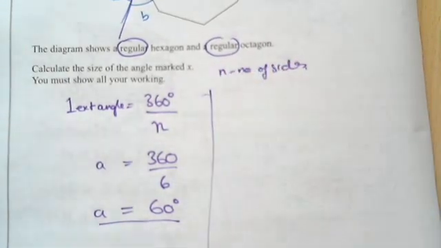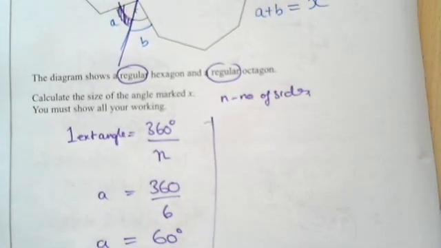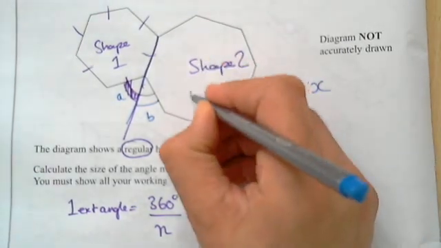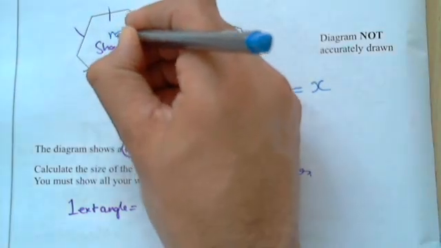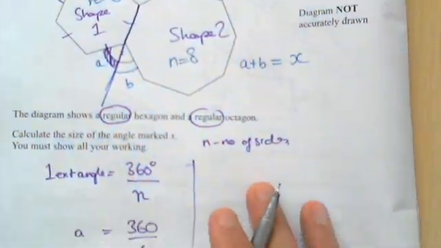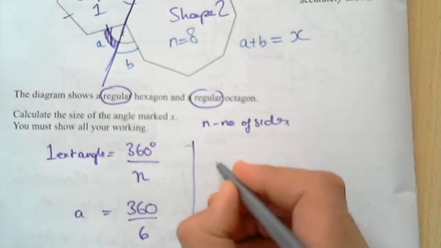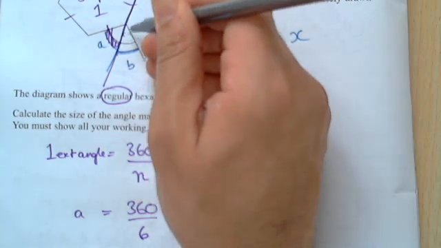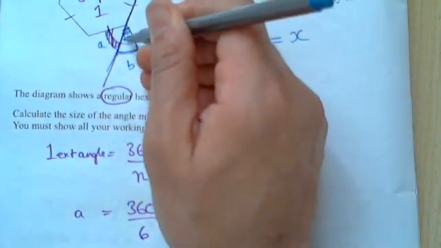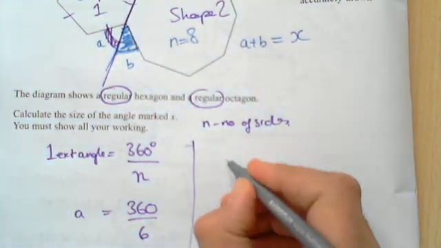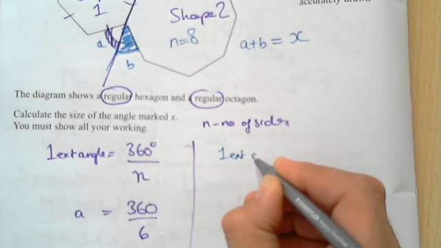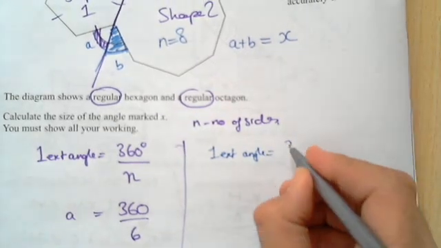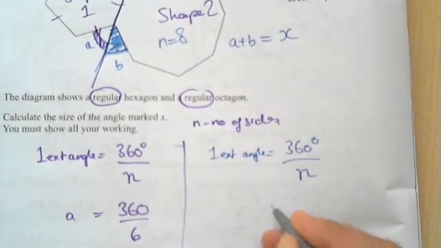Okay. Right, now we're going to do an external angle for shape 2. Shape 2 is an octagon. Octagon means it has 8 sides. Hexagon means 6 sides. So same formula. So this is the external angle here, by the way. This angle. So we say one external angle is equal to 360 degrees divided by the number of sides.